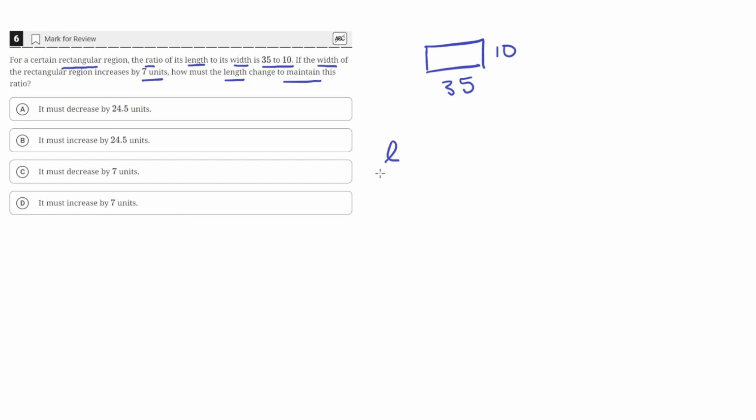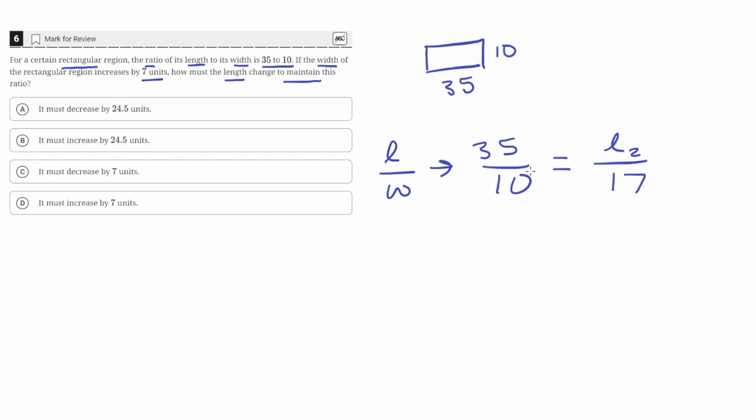We can express this ratio as length over width, so 35 over 10. And what happens to this ratio is that the width, 10, increases by 7 units, so we get 17 over some new length, length 2. This ratio has to be equal since the ratio is maintained, so length 2 changes accordingly to ensure that they're equal.